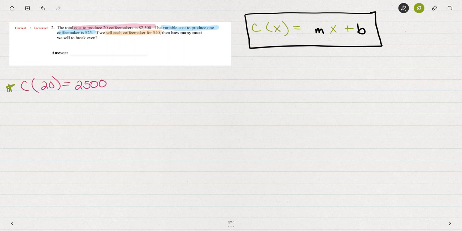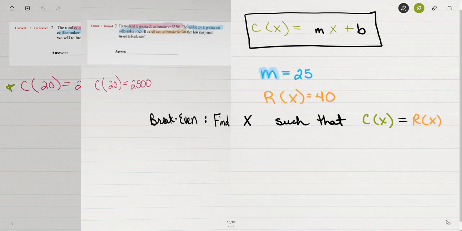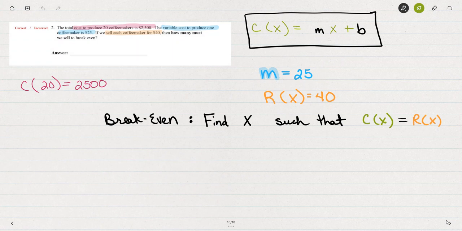If we write the cost function, C of x equals mx plus b, I could interpret this statement as when x equals 20, y is 2,500. So I can write this ordered pair 20, comma 2,500. Let's see what else we can gather from the blue. The variable cost to produce one coffee maker is $25.